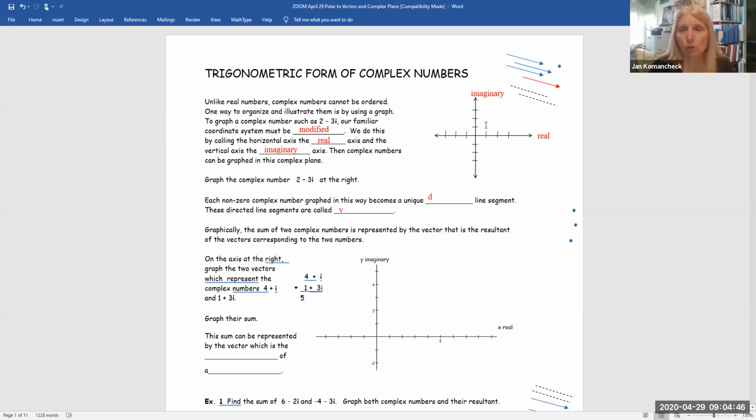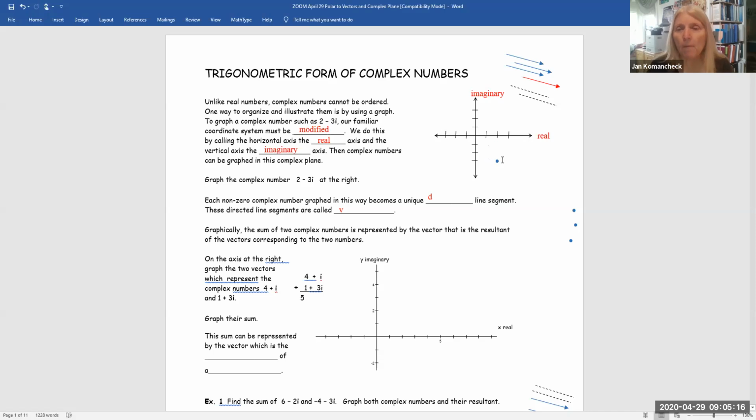So I'm going to take my point and go 2 spaces on the real part. Then to incorporate the -3i, I don't really do the i, I just do the negative, because the i is already up here as my y-axis. I just move this down 3 spaces.